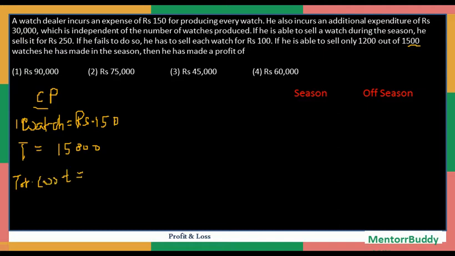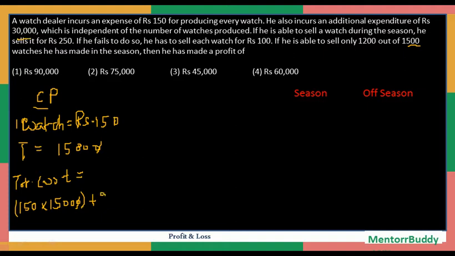That is 150, the cost of one watch, into 1500, the total number of watches, plus the additional expenditure of 30,000 rupees.